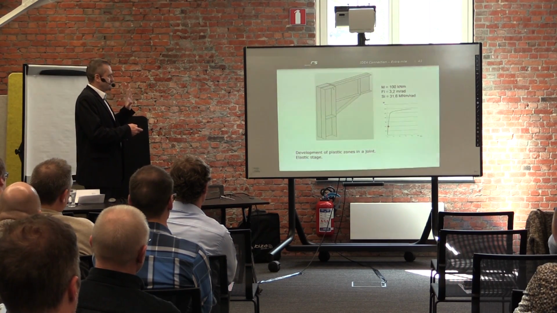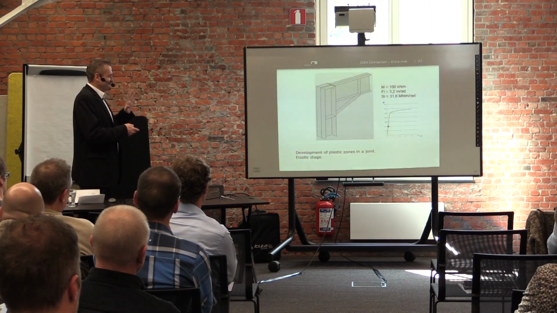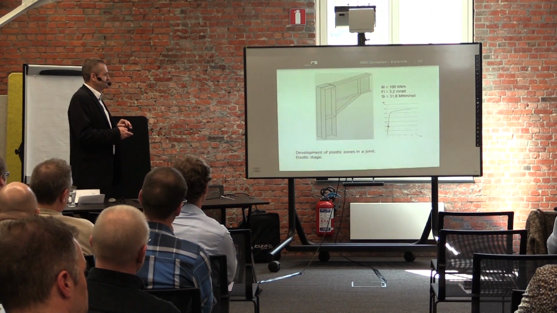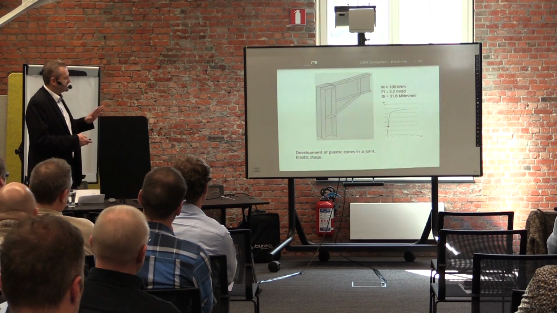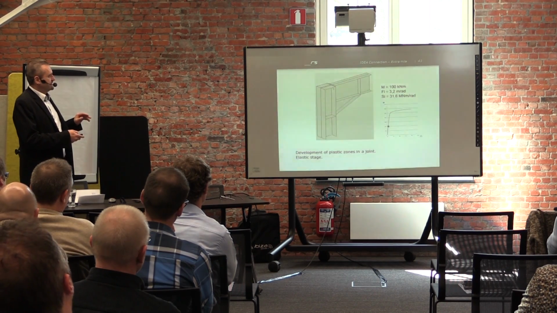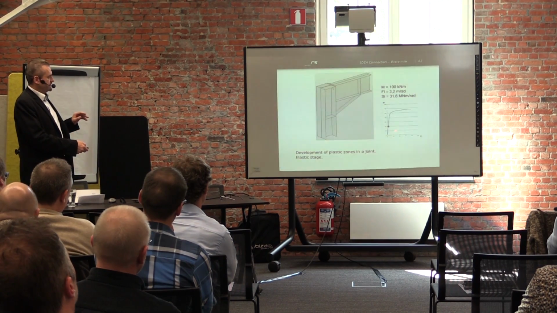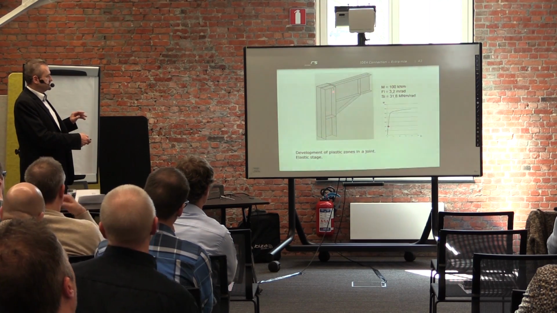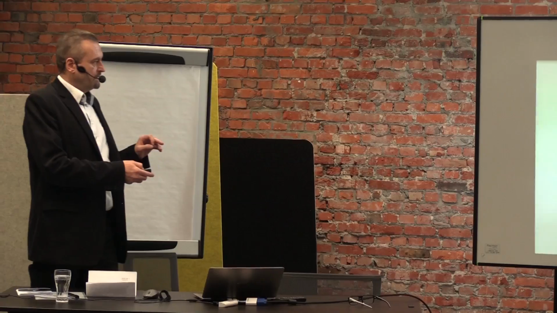We like this approach. František had, I think, two examples in his presentation. This one is the first one we made, and you see that we are here at 100 kilonewton meters, and there is first plastification around the bolt. Now we are at 150, and there is more plastification, and it starts here.